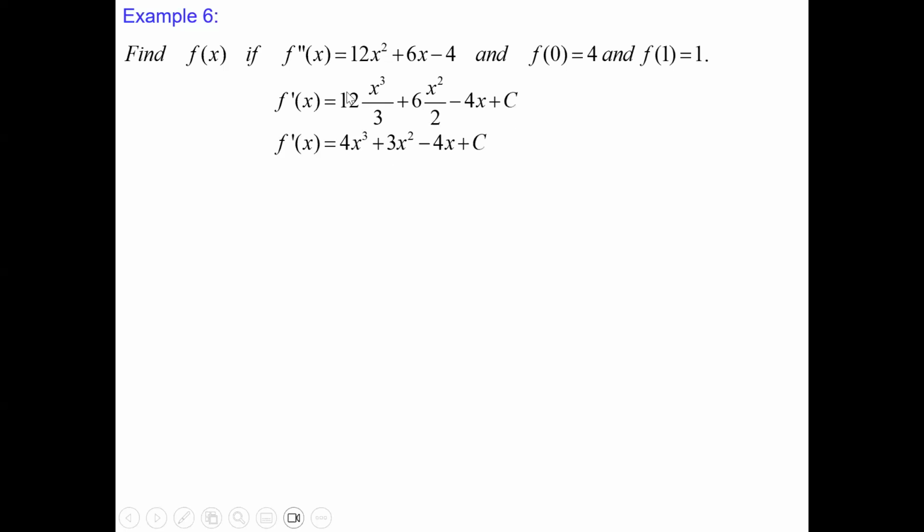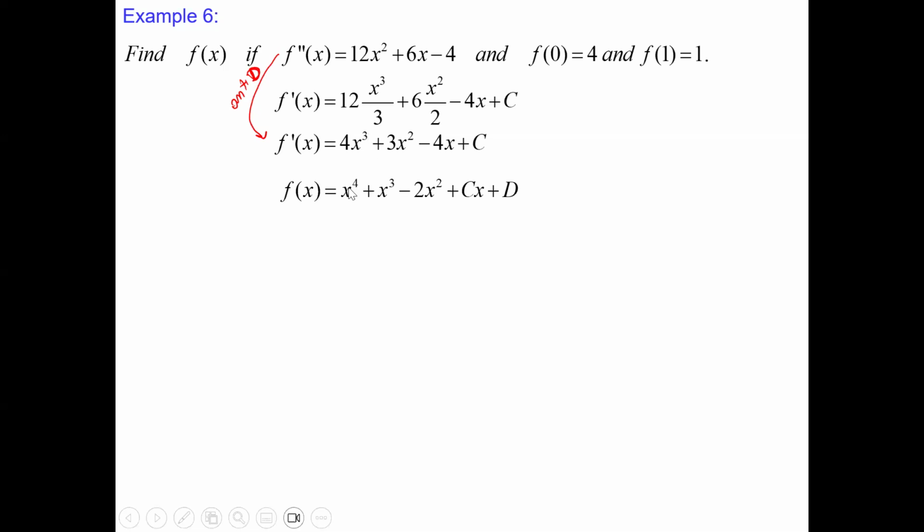Let's simplify, because 12 divided by 3 is 4, and 6 divided by 2 is 3. Okay, now we do have the first derivative. We did the anti-differentiation, and now let's do it again.